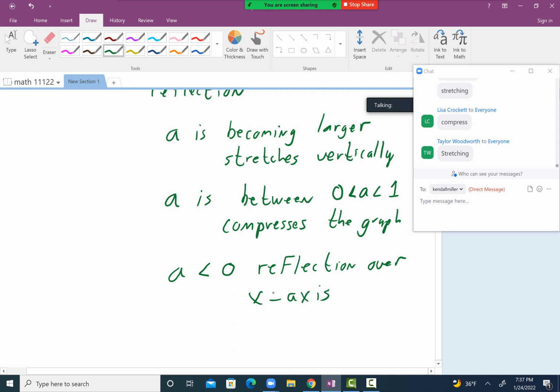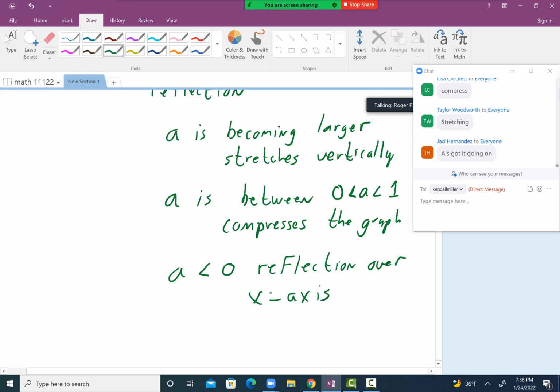So A has a lot going on. It's stretching vertically, you can get a stretch, a compression, a reflection. There's a lot going on there with A as far as how it affects a function.